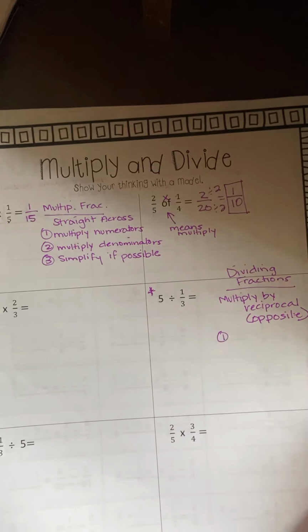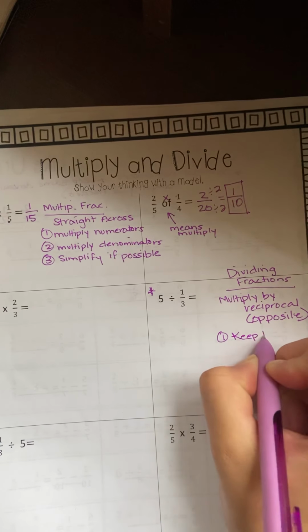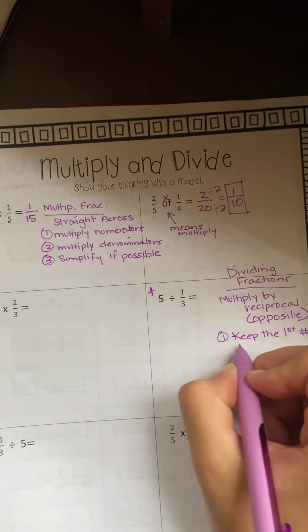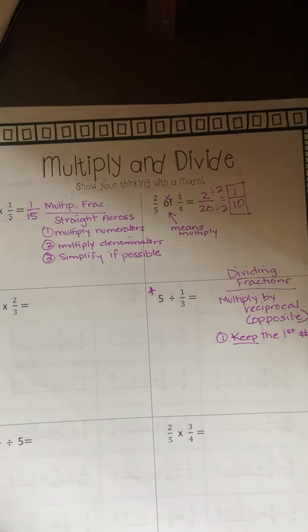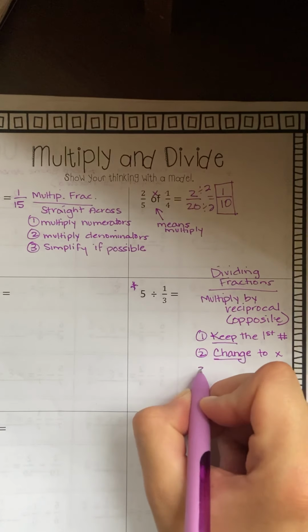By multiplying by the reciprocal, what we mean is we are going to keep the first number. That's our keep. We are going to change the division to multiplication. All right, so we have our keep, we have our change.